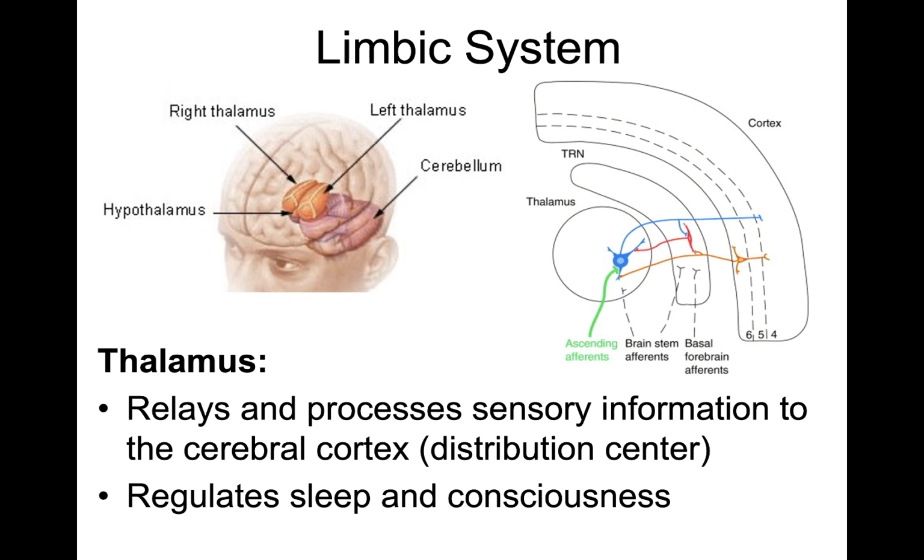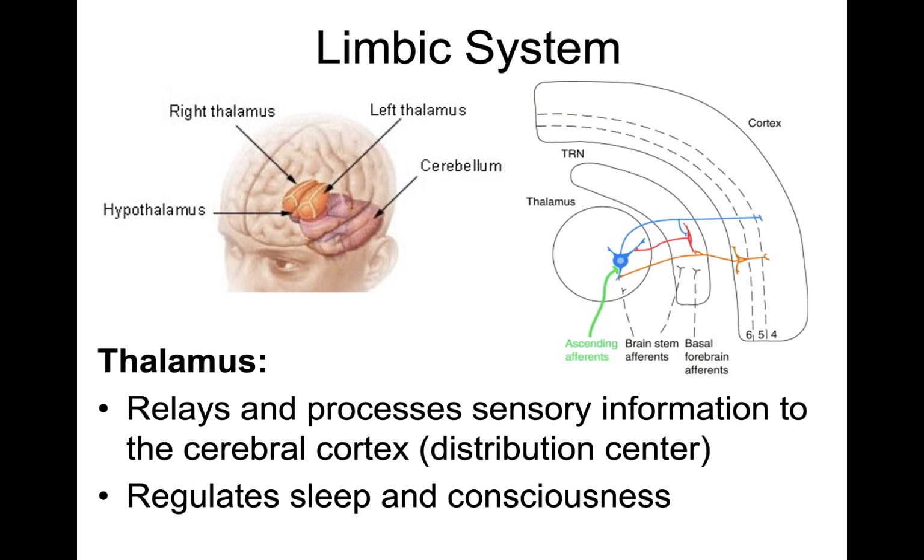For example, Amazon has a distribution center. You go online, you make your order, Amazon grabs that order, and it goes to the distribution center. The distribution center is going to organize everything, and it's going to send the package to the right address, or to your address. So the thalamus works like a distribution center.